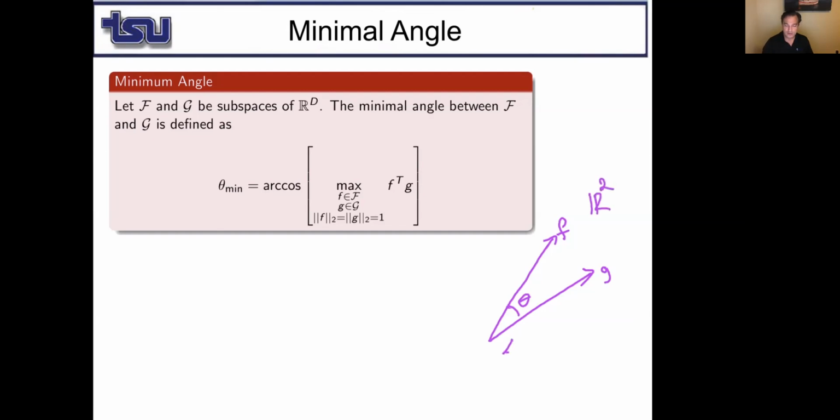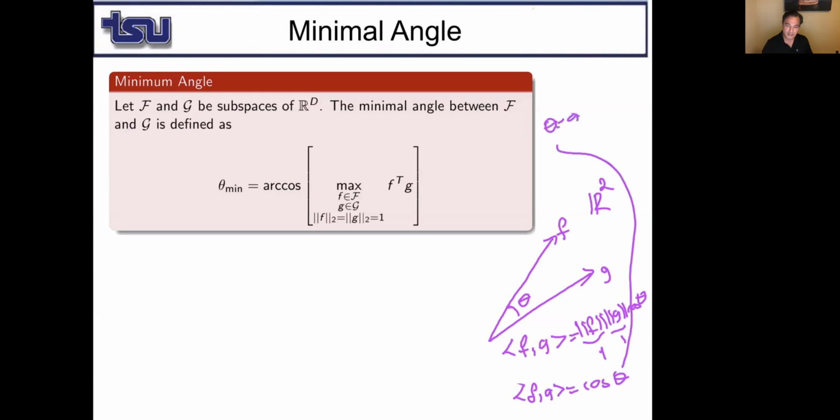If you recall, the inner product of F and G was the length of F times the length of G times cosine theta, right? What if the length of G is 1 and the length of F is 1? Then the inner product FG will be simply cosine theta. In other words, theta would be the arc cosine of FG, right? So that's in 2 dimensions.